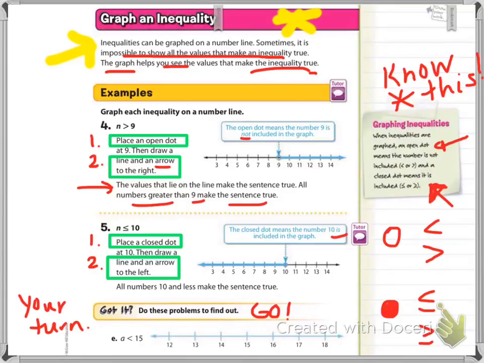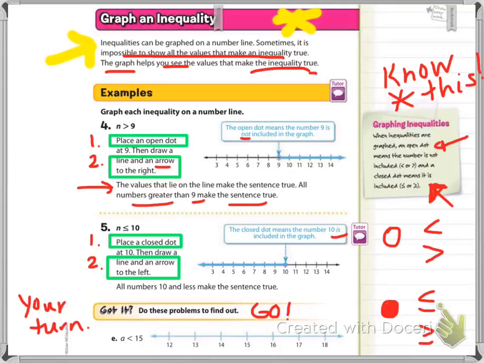For example, number 5, less than or equal to. Equal to means you can include the number, so it is a closed circle. Since there's an extra line for equal to, there's an extra step to color in the circle. All numbers 10 and less make the sentence true.